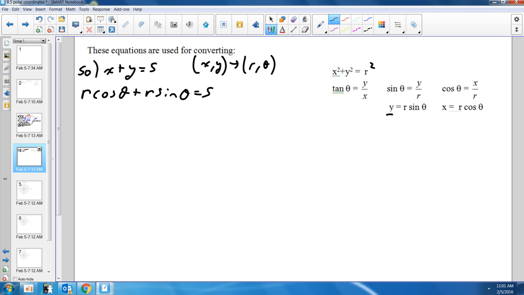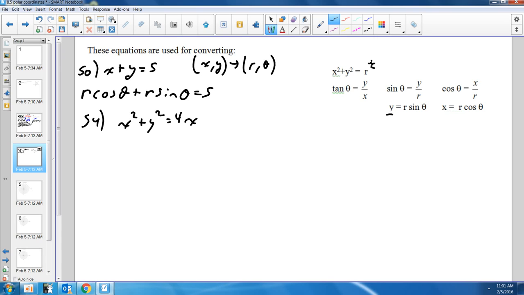That's a one-step substituting in. You now don't have any x's and y's, you just have r's and thetas. Similarly, on 54, again, these are much easier. x squared plus y squared equals 4x.